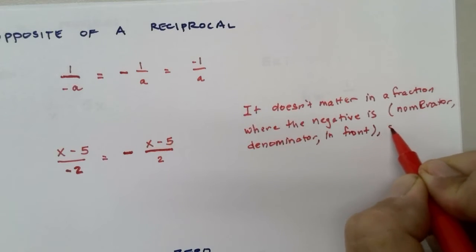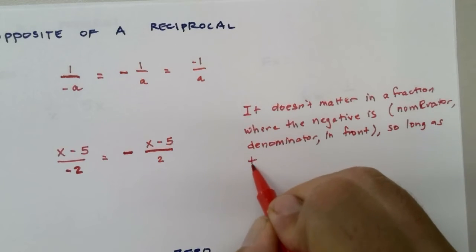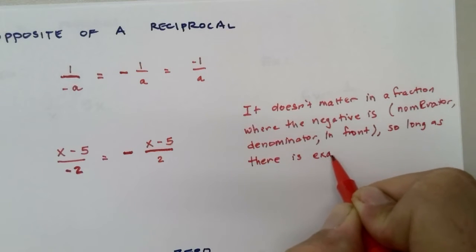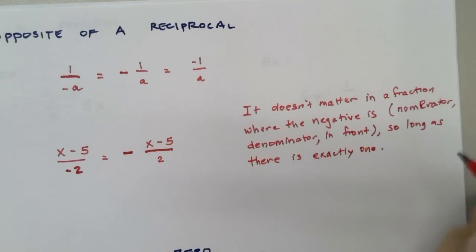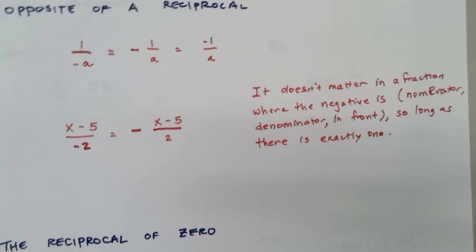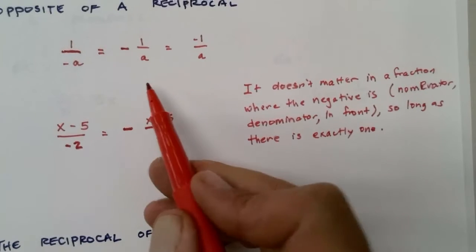So long as there is exactly one. So if you put two negatives, then that makes it positive. If you put three negatives, then we're back to where we were. So that is the property.